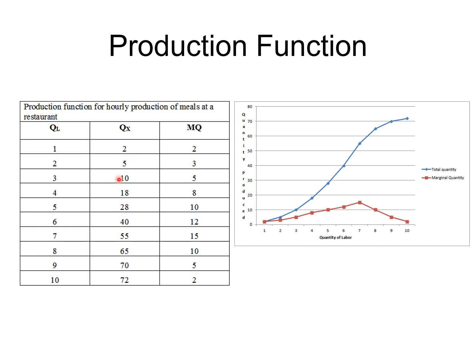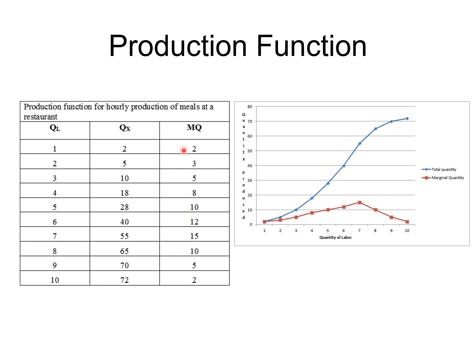Next worker comes in, our total product now goes to 10. What was the marginal product of that worker? The difference between these two, 5. Next worker comes in, our total product now goes to 18. What was the product of that worker? The difference between these two numbers, 8. And you'll note diminishing marginal returns.